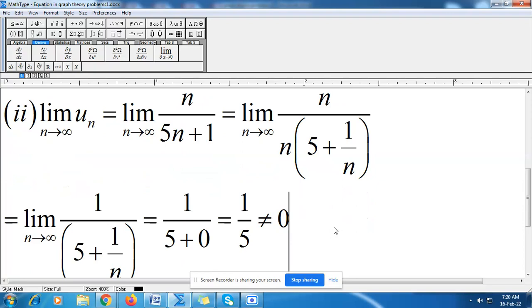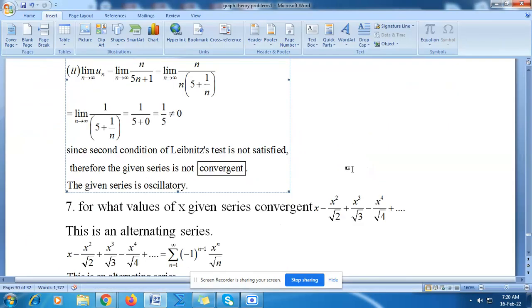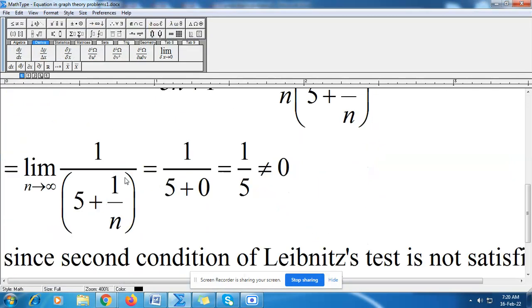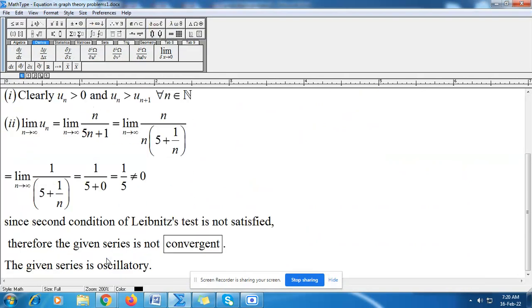So the second condition of the Leibniz test fails. Therefore it is divergent. Since the second condition of the Leibniz test is not satisfied, the given series is not convergent, which is known as an oscillatory series.